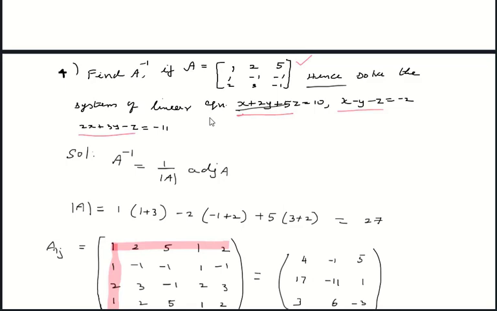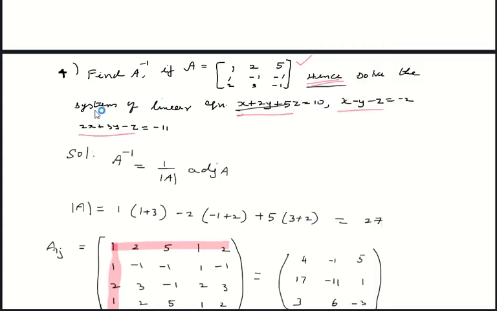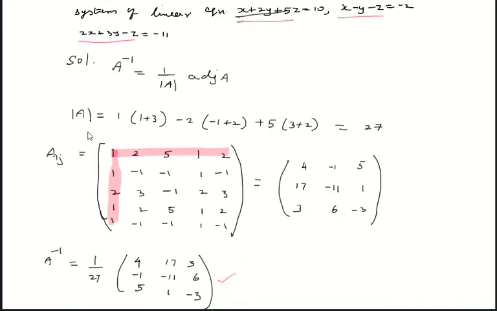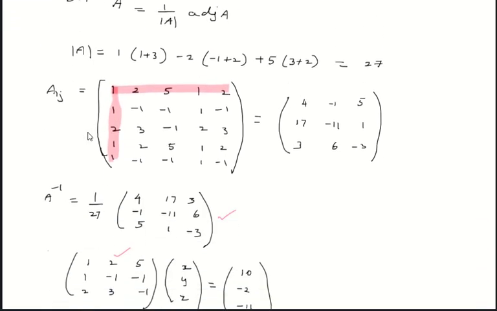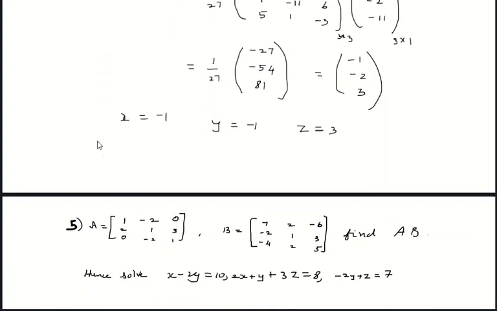That is why it says "hence solve". So you should not find A inverse again and again. That is what it means to say. But normally children find A inverse again here and waste time, and they don't understand the question. Hence find. So you do not get full marks for this. Right. Now we'll move on to the next sum.